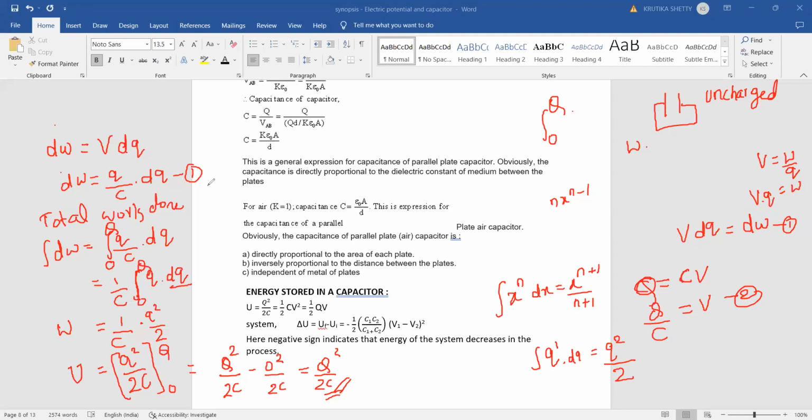While integrating, we take the constant terms outside. The limit: our body is first uncharged, therefore it is 0, then we are charging it to the value of capital Q. After applying the integration formula, q square upon 2 comes. The limit range is 0 to capital Q. So according to the limit formula, it is upper limit minus lower limit.